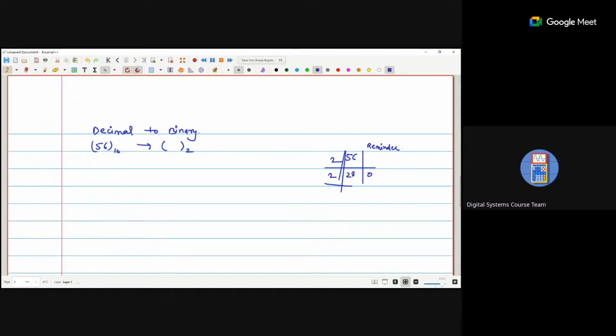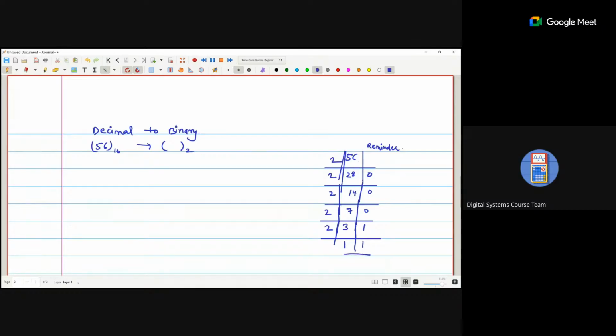Again divide by 2, 14, remainder 0. Again 2, 7, remainder 0. Again 2, 3, remainder 1. Again 2, 1 and remainder 1.